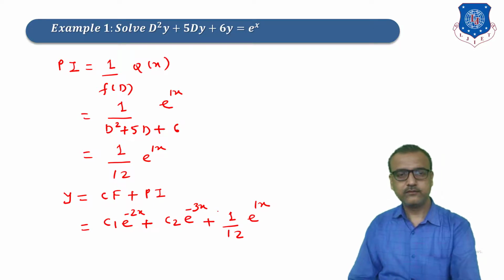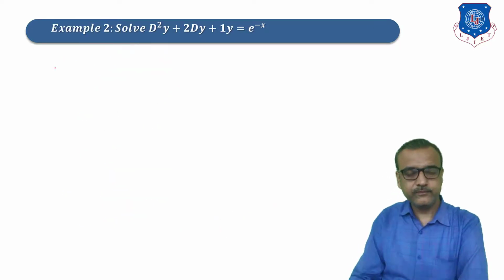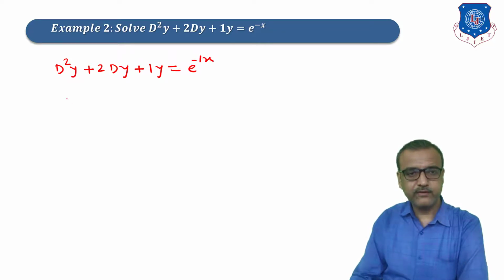Now we will solve example number 2. Here the given differential equation is D square y plus 2Dy plus 1y equals e raised to minus 1x. Now first of all we will take y common.